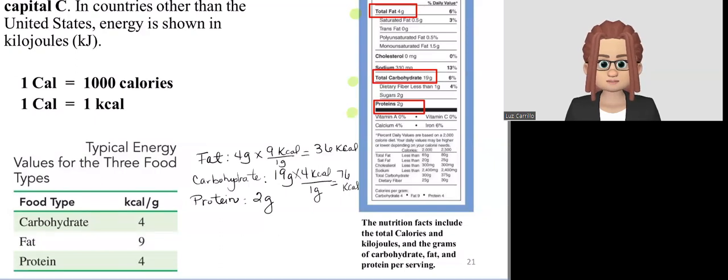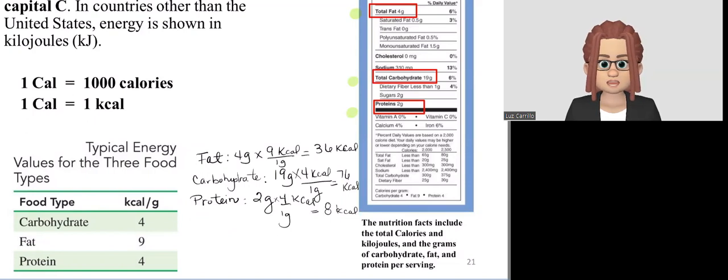Lastly, we have the protein. Per gram of protein, this corresponds to 4 nutritional calories, or in other words, 4 kilocalories. So when we multiply 2 times 4, there's 8 kilocalories that are produced by the protein.